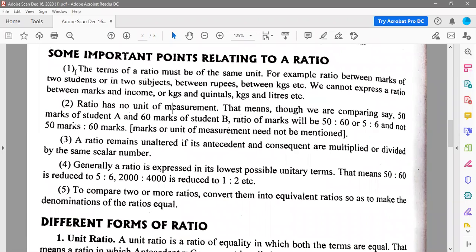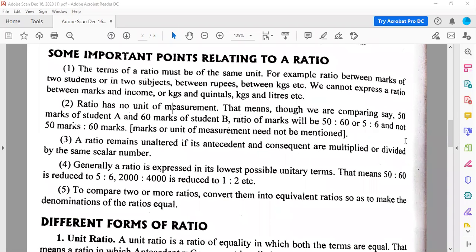Okay, so the first point is the terms of the ratio must be of the same unit. That is what has been clearly told to us from the beginning, from the background, from definition, meaning, everything. What it says is that we are supposed to express the terms of the ratio in the same unit.